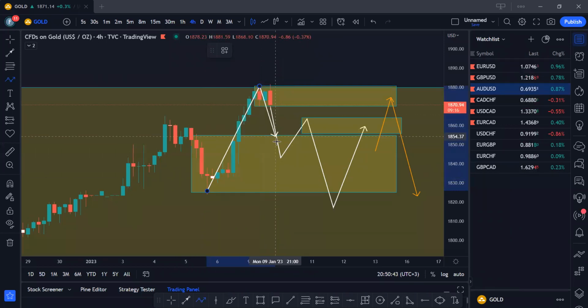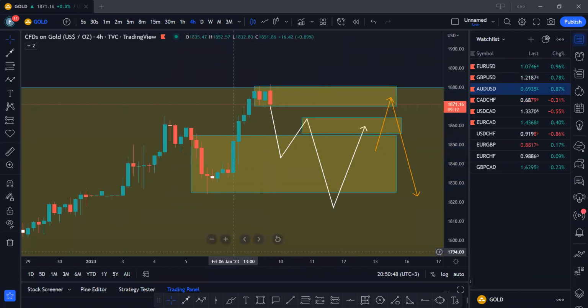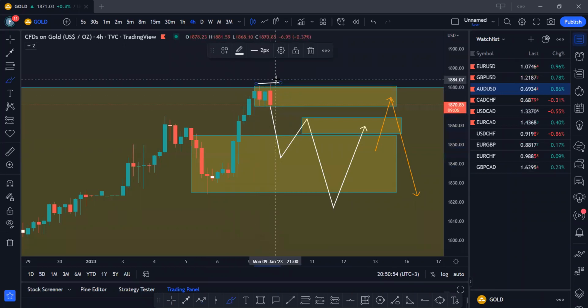So if you're aggressive, what you can do is just sell right away and put your stop loss above the zone. Now, this is just based on speculation, no real entry strategy with this. So you want to take entry now and put your stop loss above the zone.